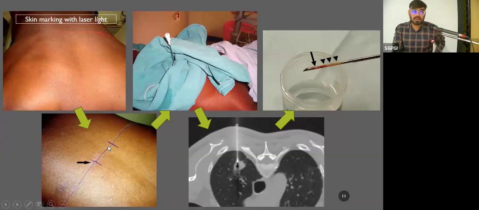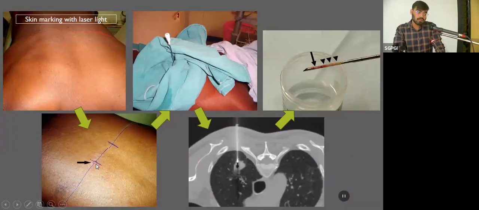we will mark the midpoint in the back with the help of a bony marker, mostly the spinous process. We will mark the point of entry with the help of the CT scan. We will decide from where we can go into the lesion through the thoracic wall, and we will mark it with the help of the distance which we have measured on CT scan.